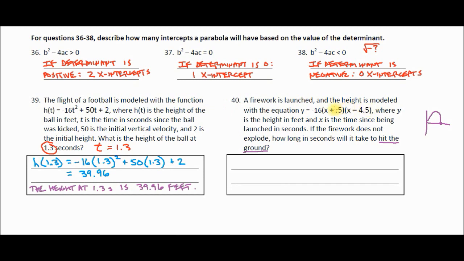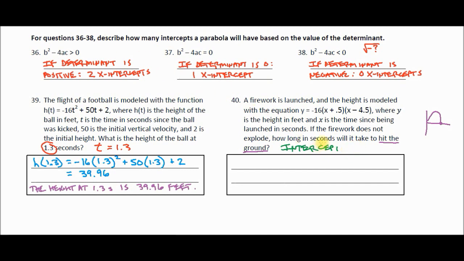In this case, we need to identify the form of the quadratic so we know how to find the x-intercepts. Well, the good part is this is intercept form. Intercept form gives us our x-intercepts. So you don't want to work too hard at this one.